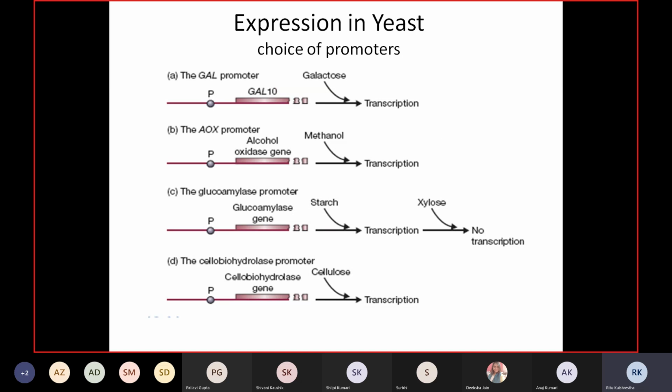And why you would prefer yeast over bacteria, we have discussed many times. Mainly because if you want eukaryotic protein expression, then you will prefer a yeast cloning vector as compared to a bacterial cloning vector.